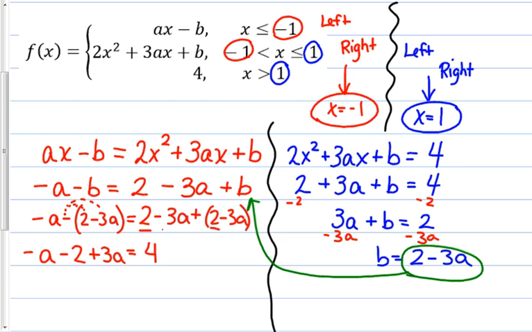And then I have a negative 3a and another negative 3a, so that's a total of negative 6a. Negative a and 3a, that's just 2a. So negative 2 plus 2a equals 4 minus 6a.